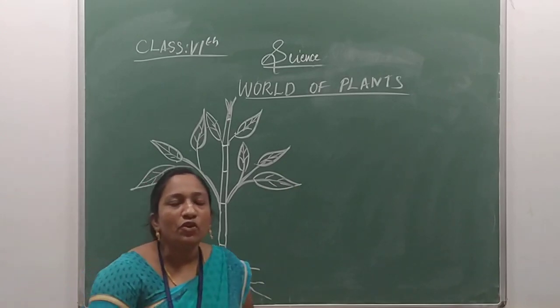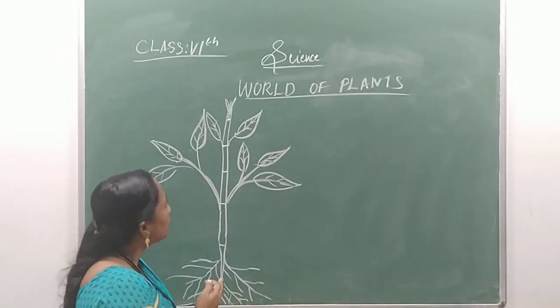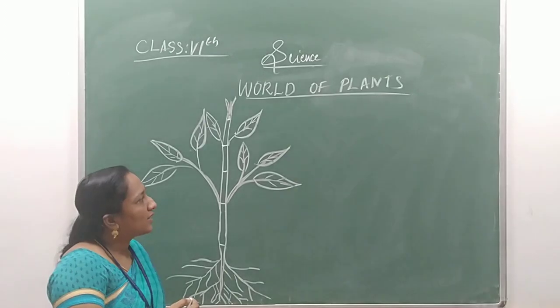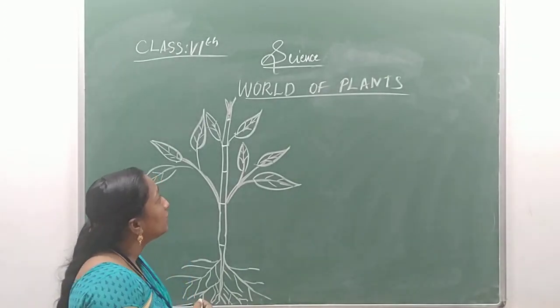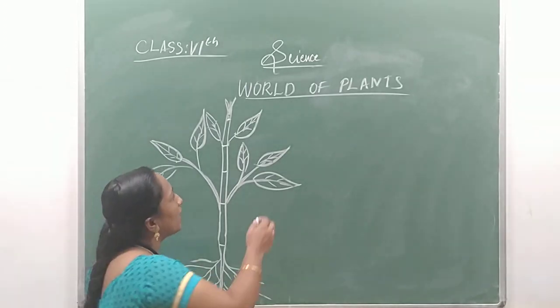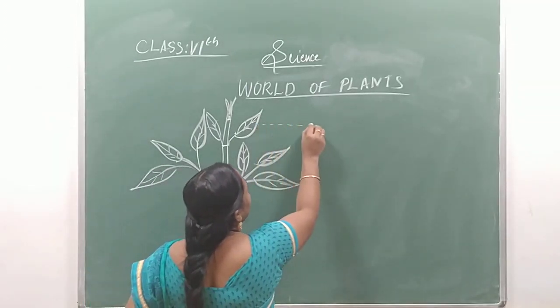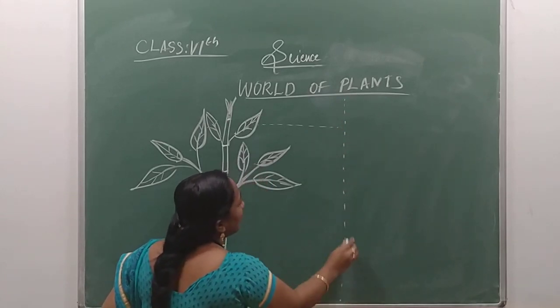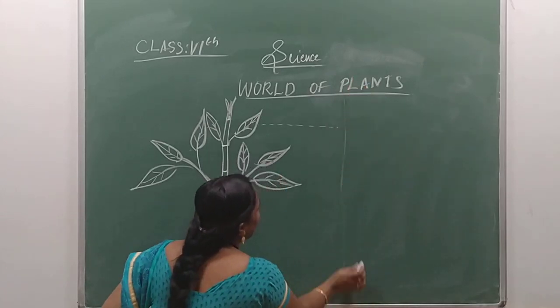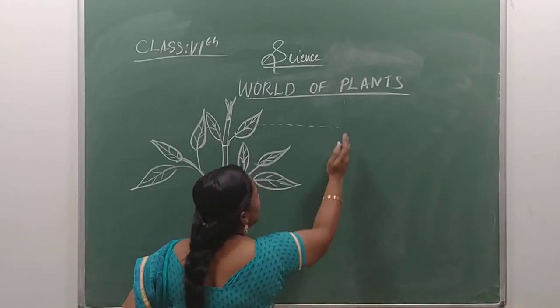Children, how have you drawn in your note? Is it similar to this diagram? Okay, come, let's label the parts. First you have to write the parts, that is your choice. First draw a line like this, and you have to maintain this evenly.